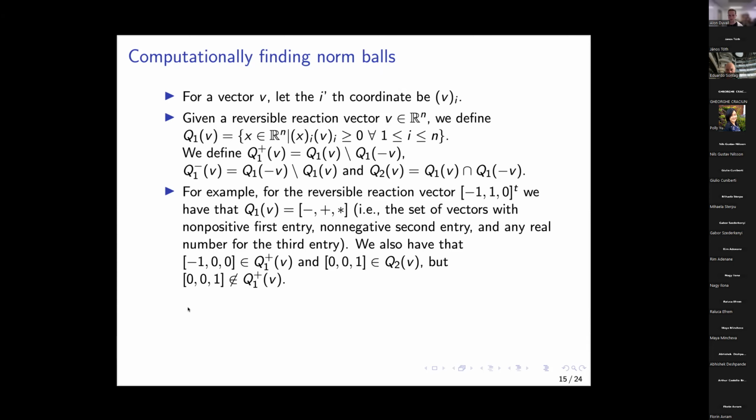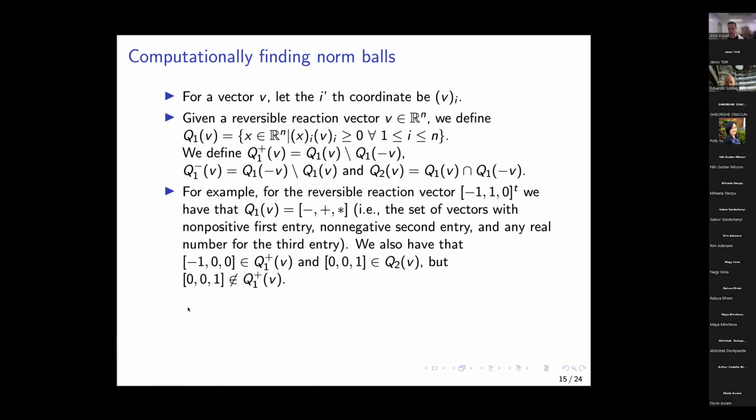Q1 of v will be non-positive, non-negative, and then anything in the last entry. An example of a vector in Q1 plus of v is -1, 0, 0, because the -1 strictly agrees with the -1 from v, and so it's in Q1 plus. And 0, 0, 1 would not be in Q1 plus because it's not strictly agreeing with any of the non-zero coordinates.